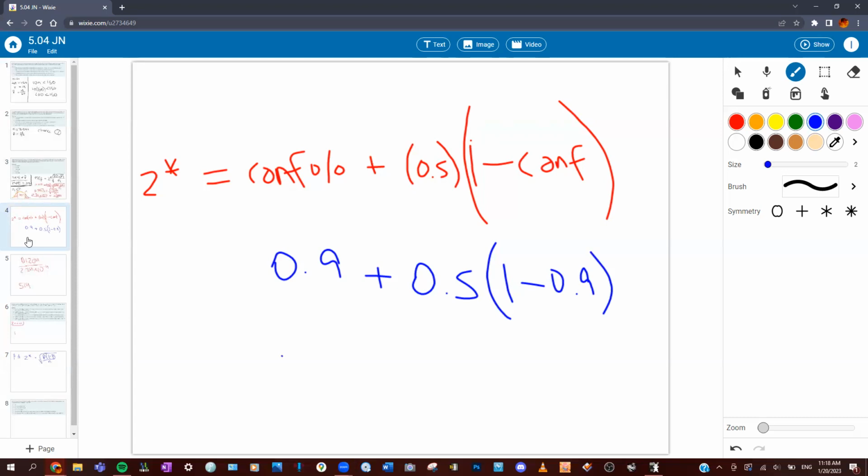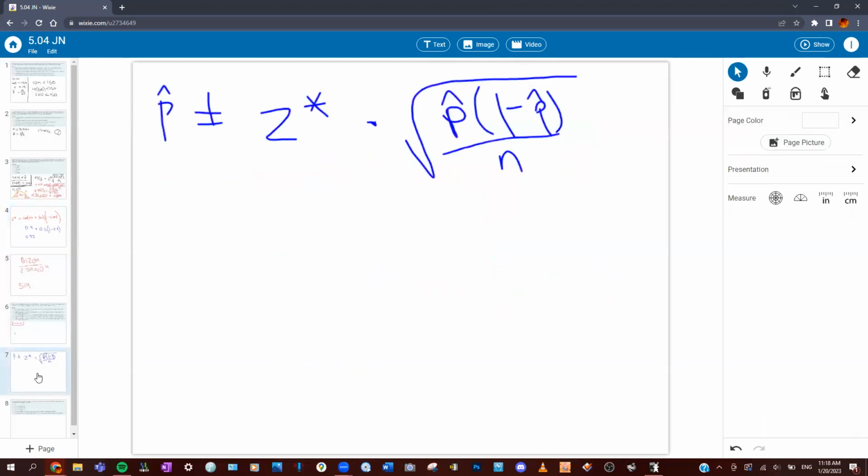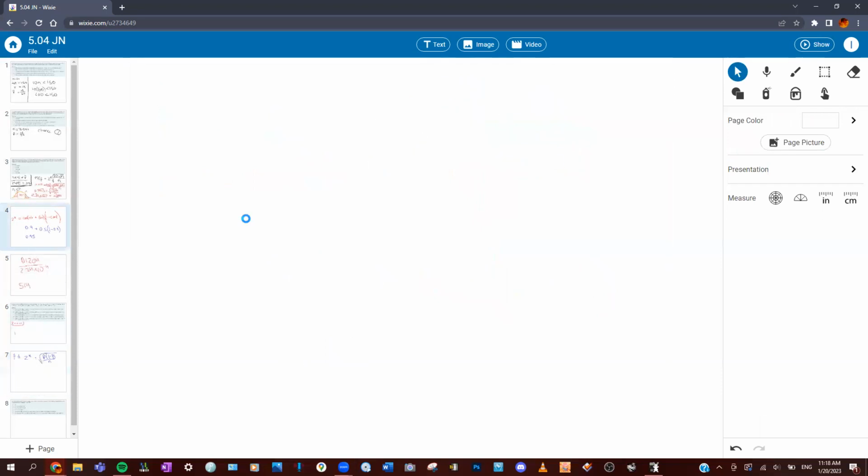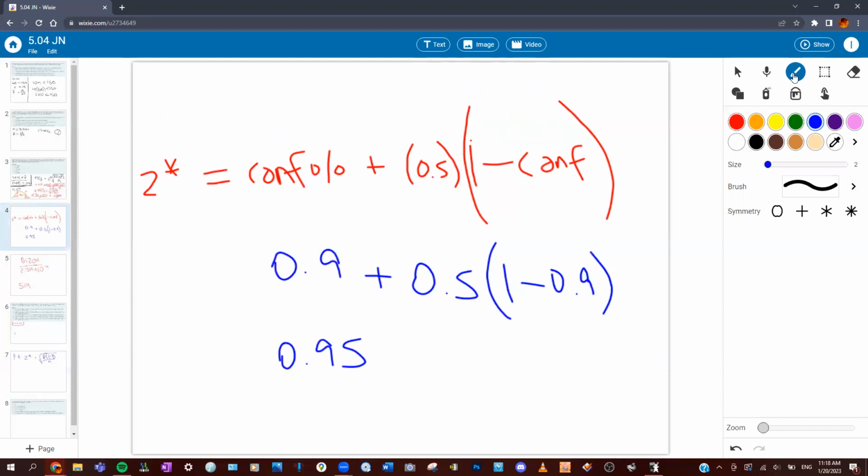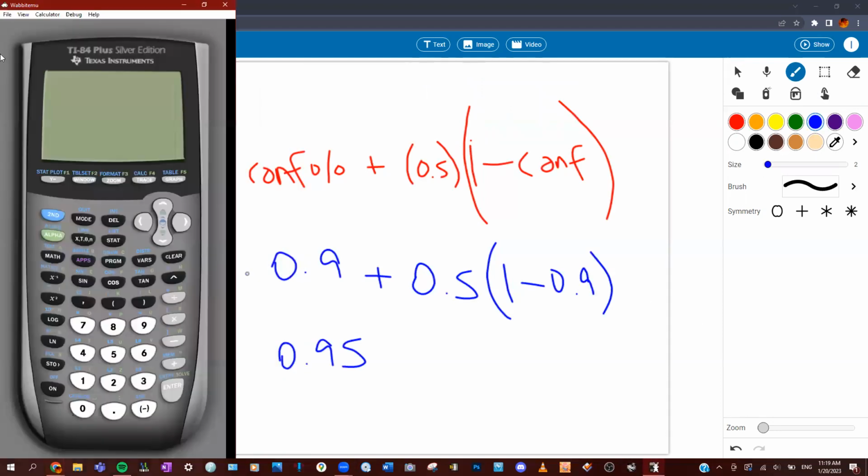So that's what it would be. Okay. So 0.95 is what Z star is, but remember we have to do the inverse norm thing. So inverse norm, here, I'll just type it in the calculator. That's probably better.